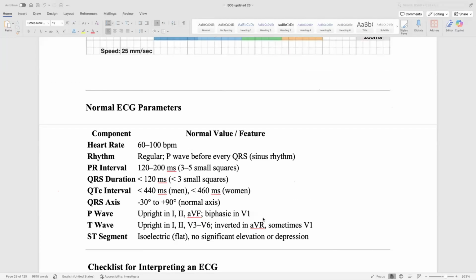The easiest way is 300 divided by the number of squares between RR.